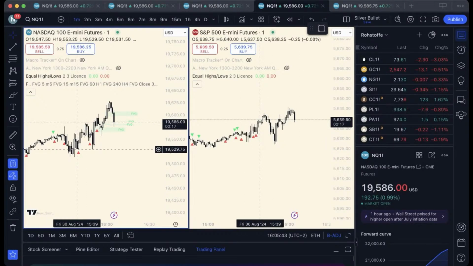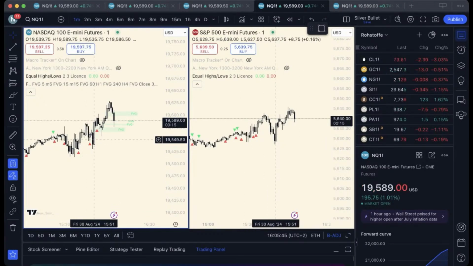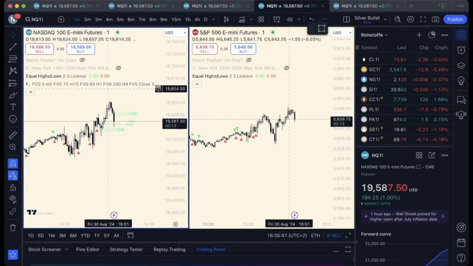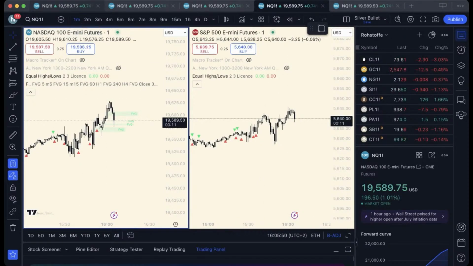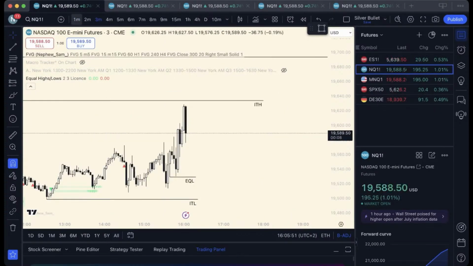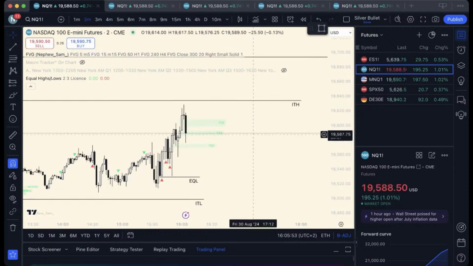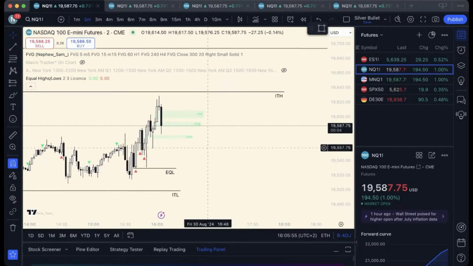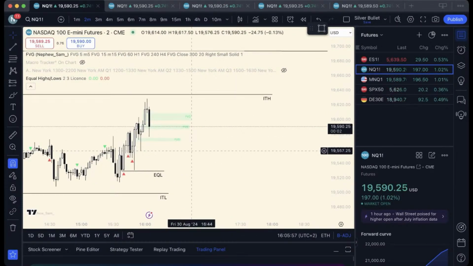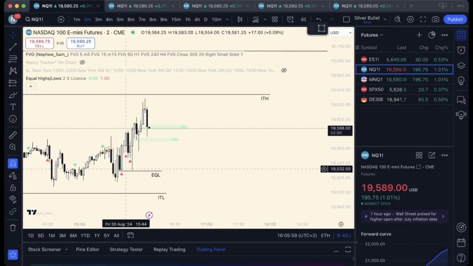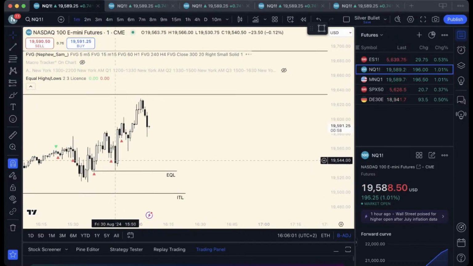I mean, there would have been also a chance that NQ goes to the equal lows, which is, in my opinion, a high probability. So these big up candles after it inversed, they are, I would say, really rare.